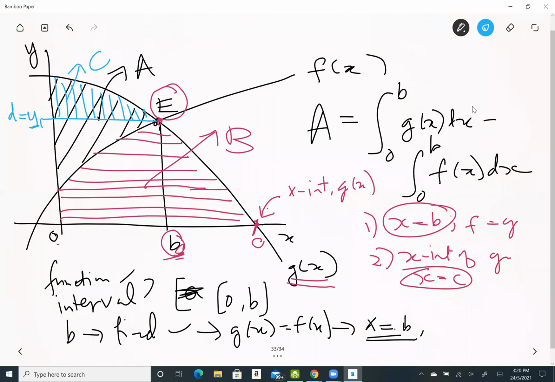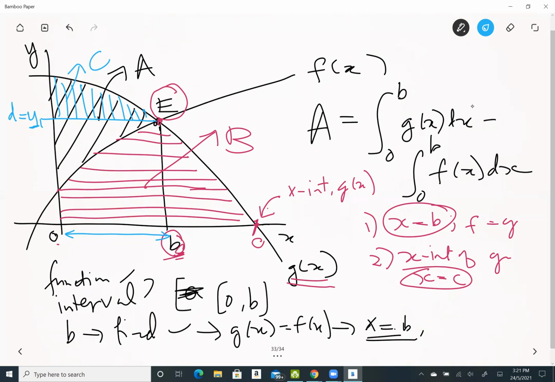So I know y1 or d, then you can find the rectangle. The rectangle is simply equal to the value of x multiplied by the value of y, width times length. So b multiplied by d is the area of the rectangle.